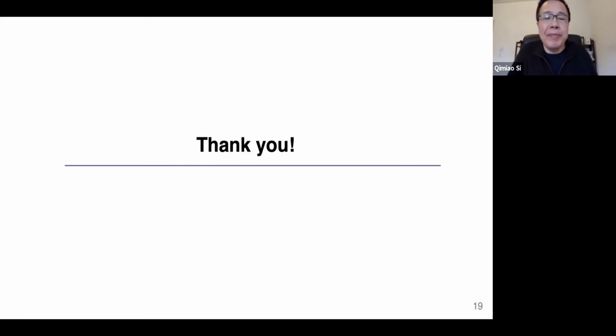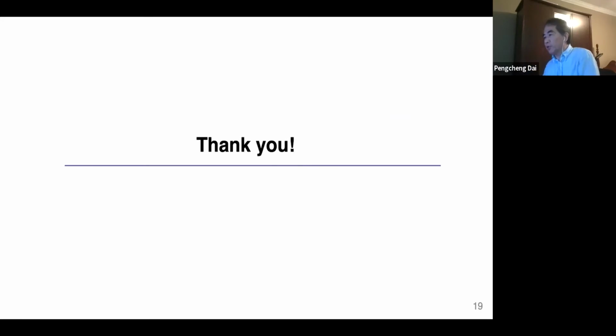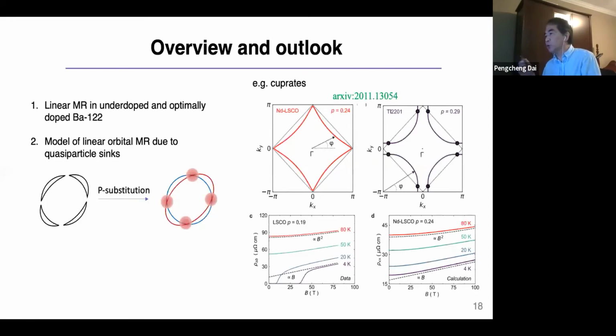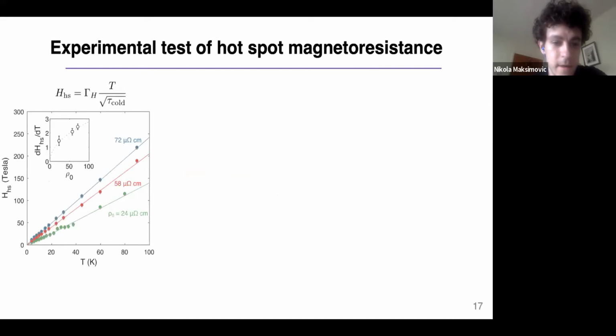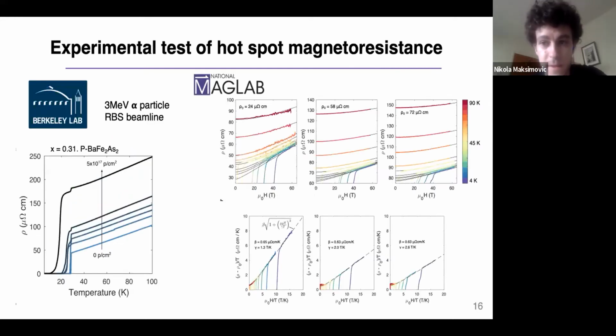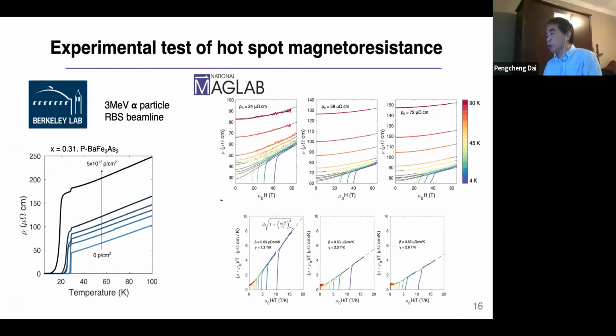Very nice talk, Nicola. I was very curious, does the MR effect in your case depend on the current direction within the AB layer? I mean, which direction are you applying the current? I have not studied in detail for underdoped samples whether it depends on A or B. In all cases, we're applying the current in the A direction. In optimally doped, it's tetragonal, right? It doesn't matter.